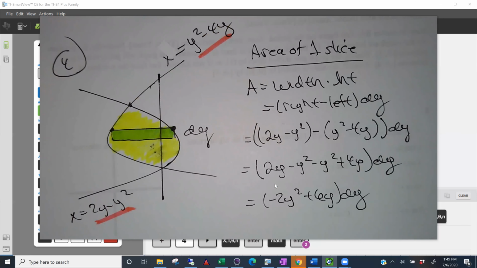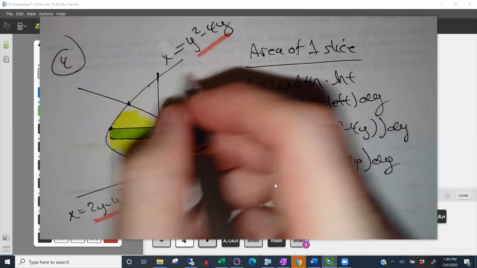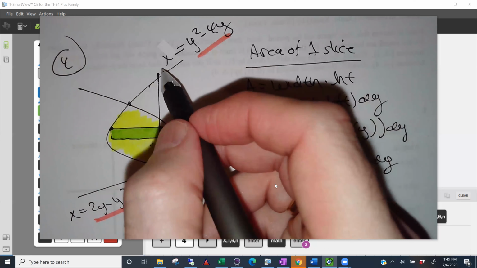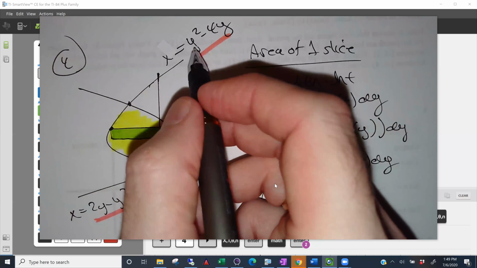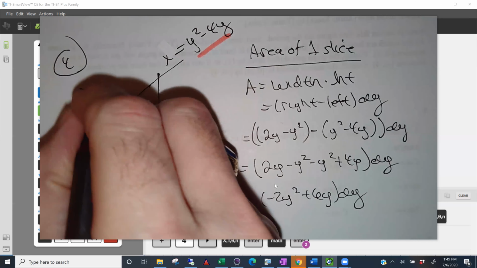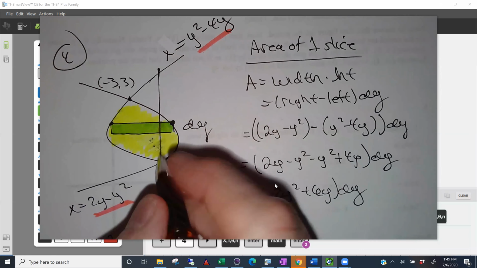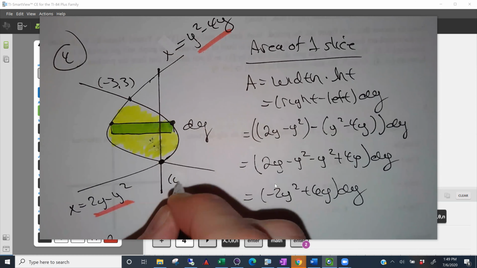And you'll get two answers. One of them will be 0 and the other one will be 3. When you put in y equals 3 here, you'll get x equals negative 3 because you'll end up with 9 minus 12. So it'll be negative 3. So negative 3 and 3. That's that point. And of course, down here, that's the origin, 0, 0.